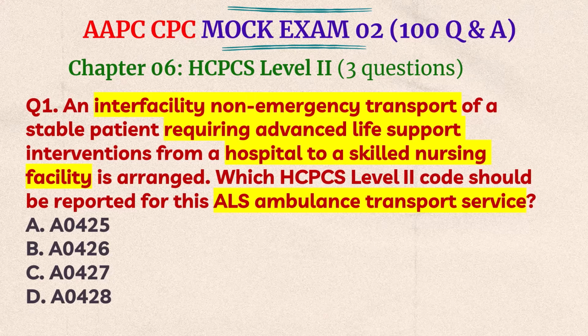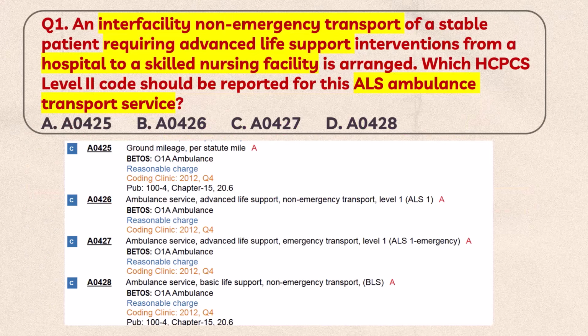When you look at the codes, all are adjacent codes. So you can use the elimination method to find the answer. So when you look at the codes, A0425 is for ground mileage, so that is not suitable here. A0426 is ambulance service, advanced life support, non-emergency transport. So that correctly represents the condition.